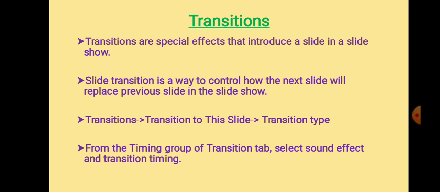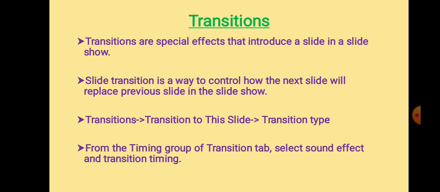Slide transition is a way to control how the next slide will replace the previous slide in the slideshow. After seeing a slide, it has to go, then a new slide has to be displayed on the screen. So the transition is that way to introduce a slide in a slideshow.